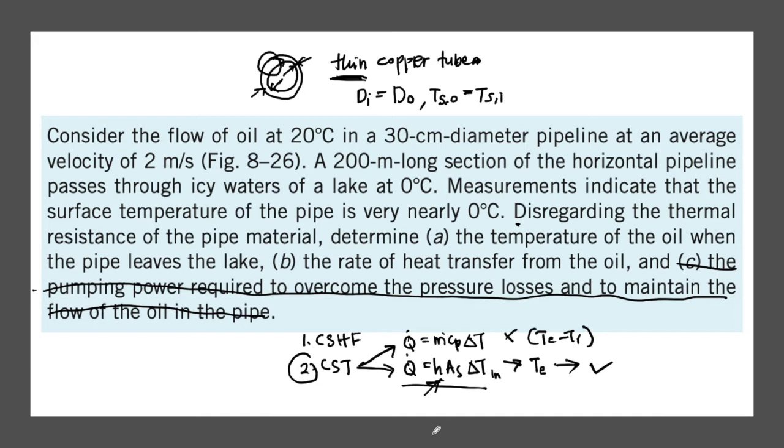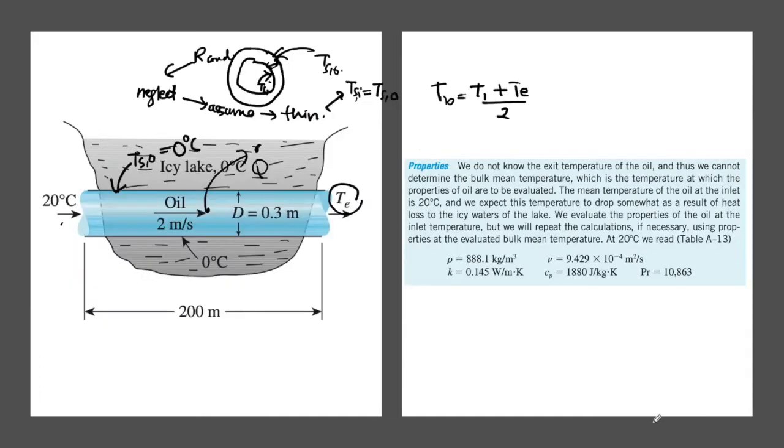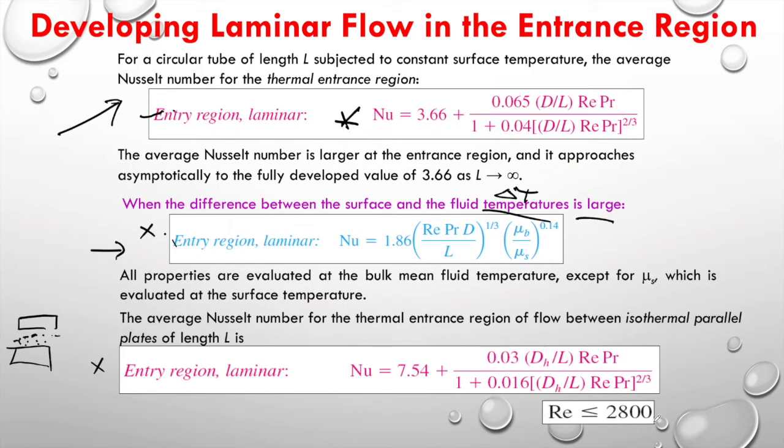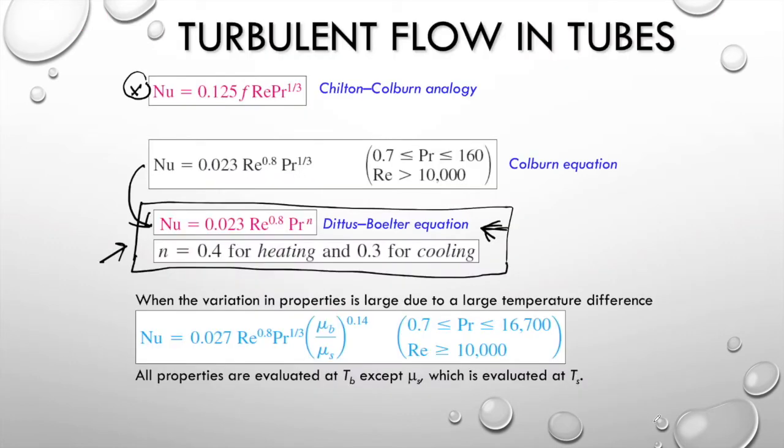Then you equate it with the Nusselt number, Nu equals hD over k, in order to find the heat transfer coefficient. That is the reason why I explained developing laminar flow in the entrance region and turbulent flow in tubes.